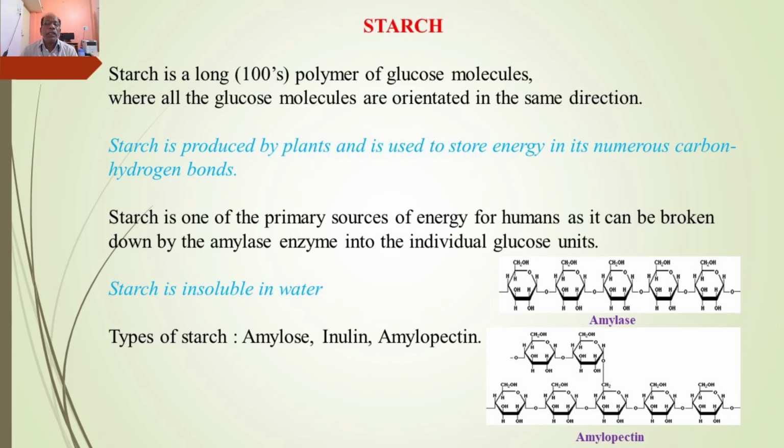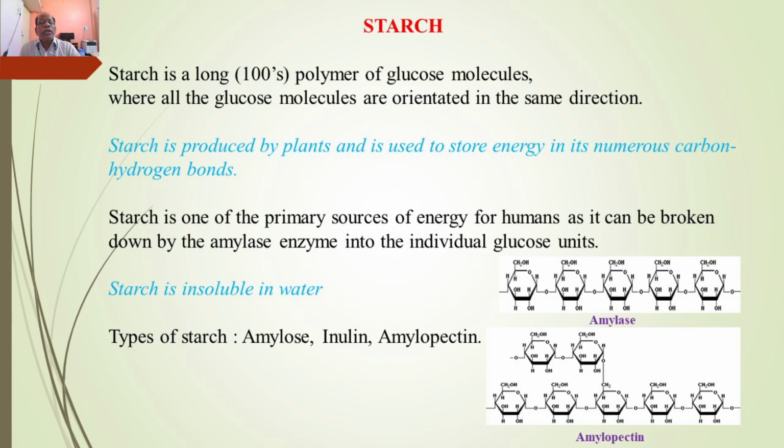And amylopectin is a starch having branches, which are again formed due to the branching chains of the starch molecule. So the starch molecule consists of linear chains together with branches, which again consist of glucose molecules.